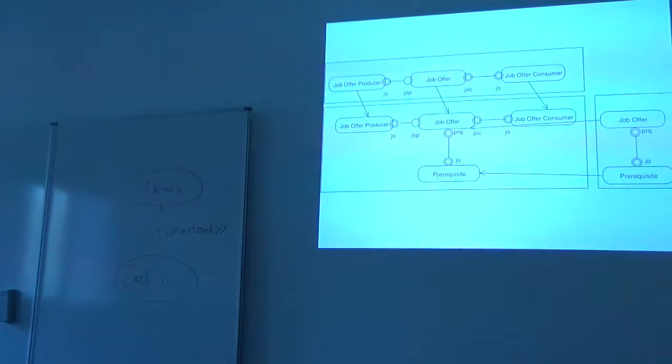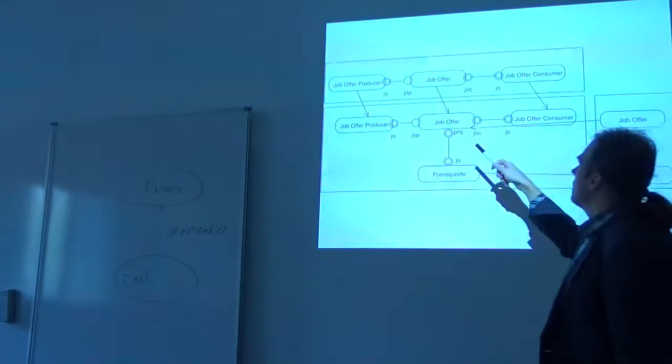So this is a part of an imaginary system for improving the work market by providing support for people to get to job offers and for job offers to offer some jobs. The other thing is that your job offer might require some prerequisites, so it contains prerequisites.